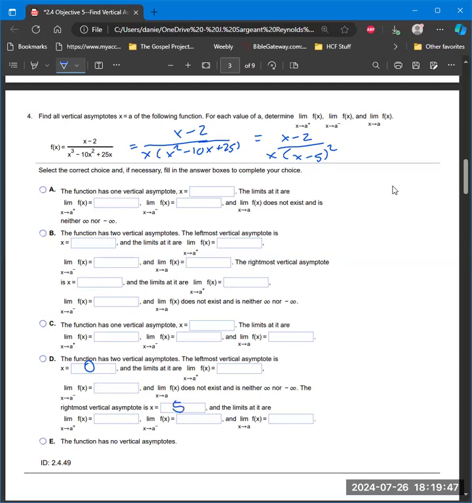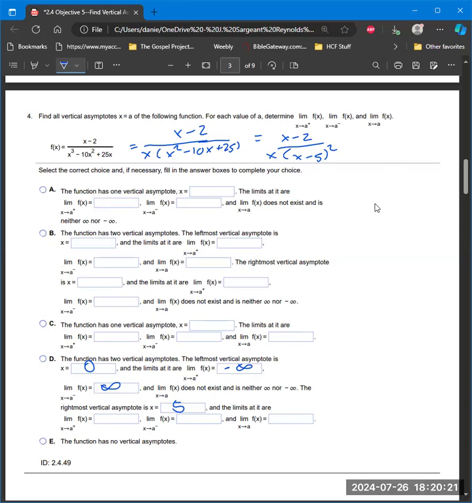As I get close to 0 from the right, so a slightly positive number, this is negative, this is positive, and this is positive. So that's going to get to negative infinity. And as I get close from the left, this is going to be a negative, and a positive is going to be a positive infinity. Limit does not exist because it's neither positive nor negative infinity.